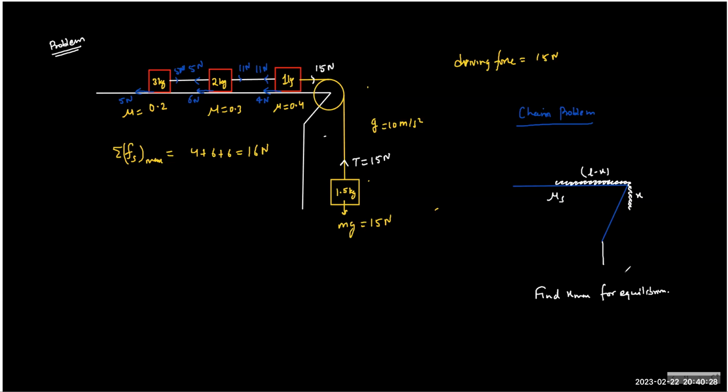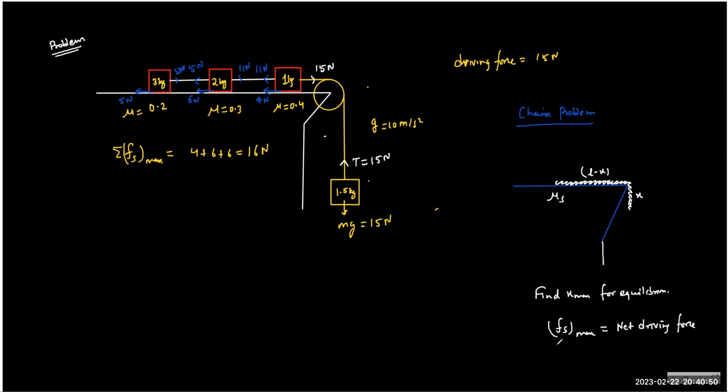As the driving force will exceed, the friction will have to increase the value, and the maximum friction we can apply is how much? Fs max equals to net driving force, isn't it? So for X max, find X max for equilibrium.